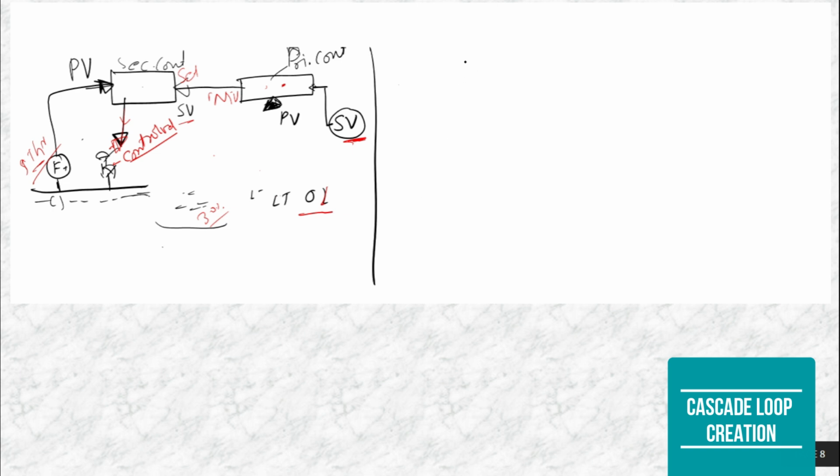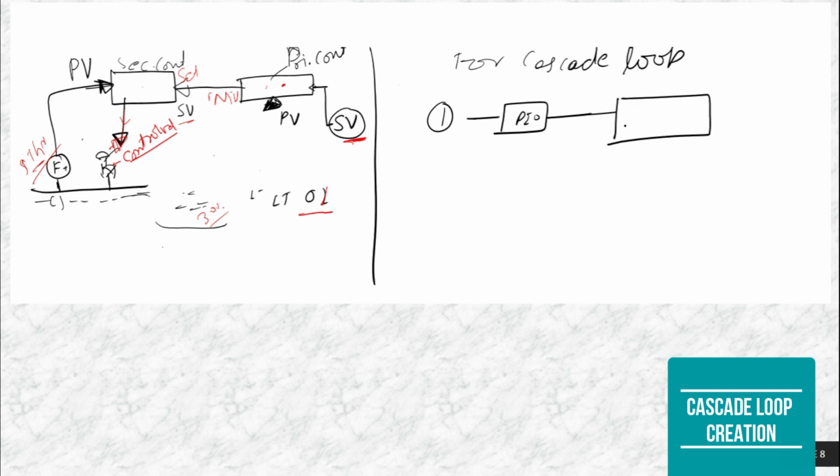For a cascade loop, we need one PID block here and one PID block, and from this PID it is going to the second PID.